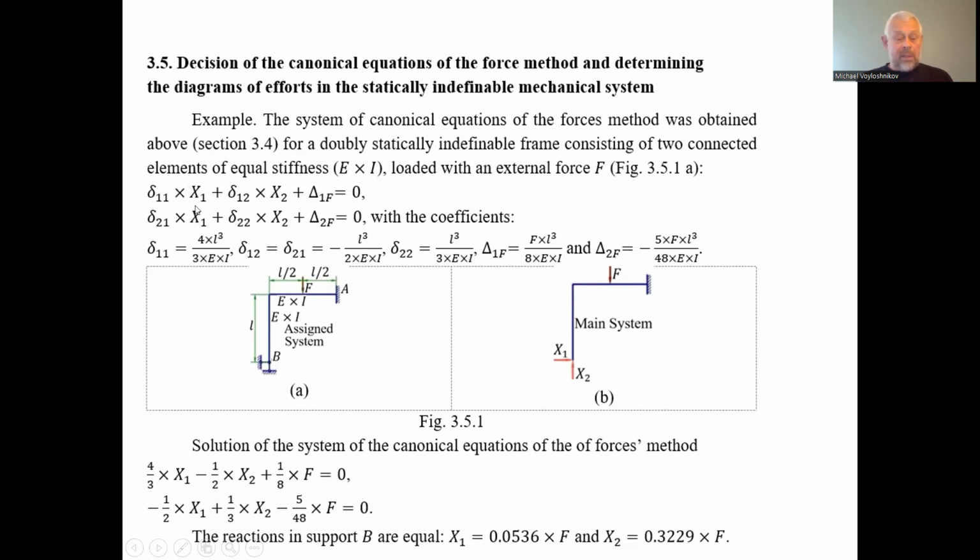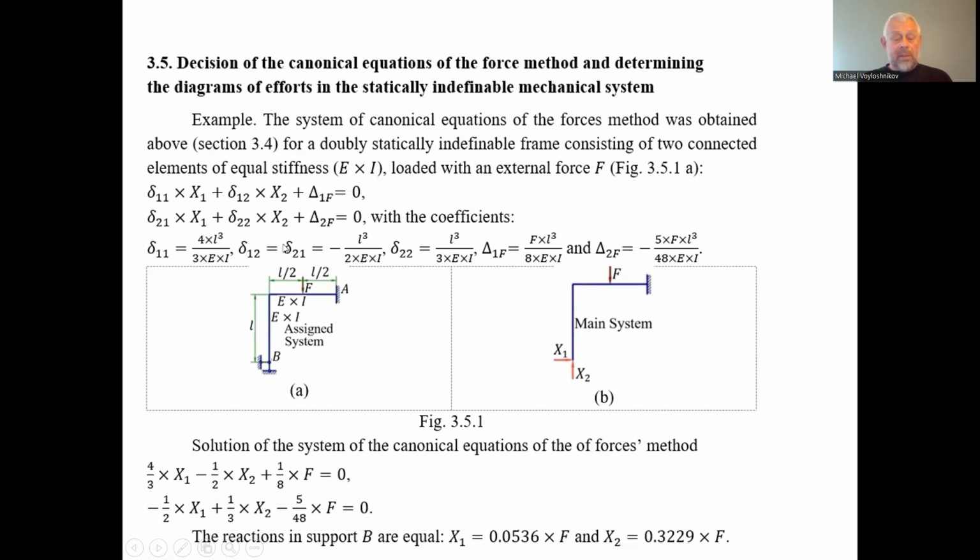We have to find the factors to each magnitude of the forces in the support B subject to find, and we have to find the free terms of these canonical equations. In article 3.4, we did find the factors, the coefficients of the canonical equations of the force method, and the free term as well. And this is the list of the factors obtained in the previous article.